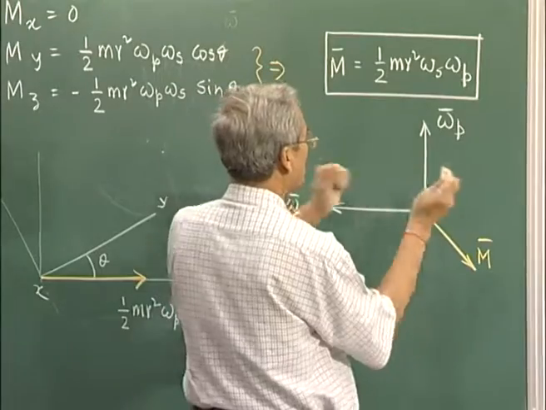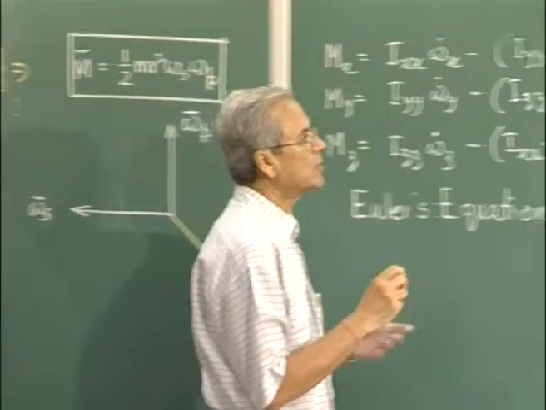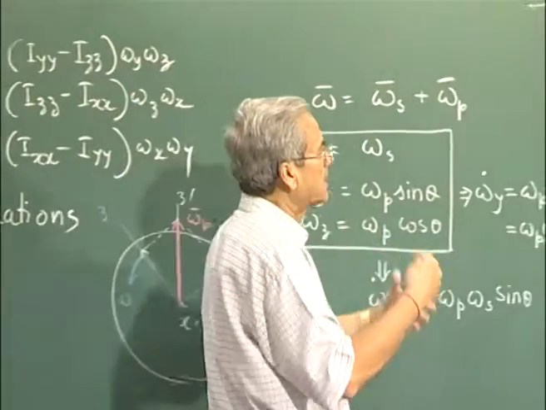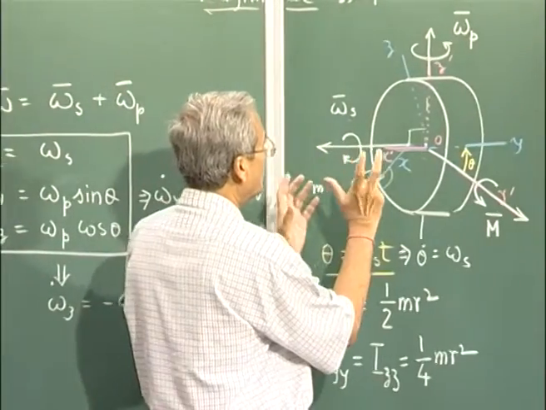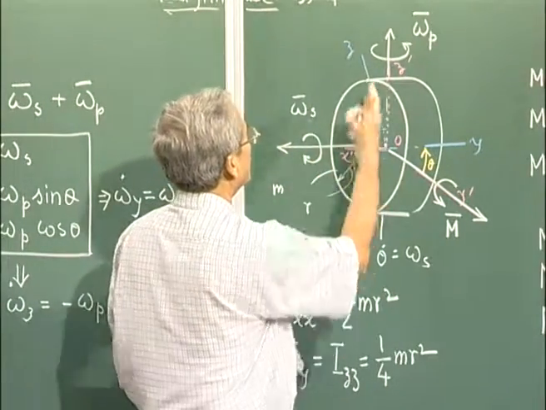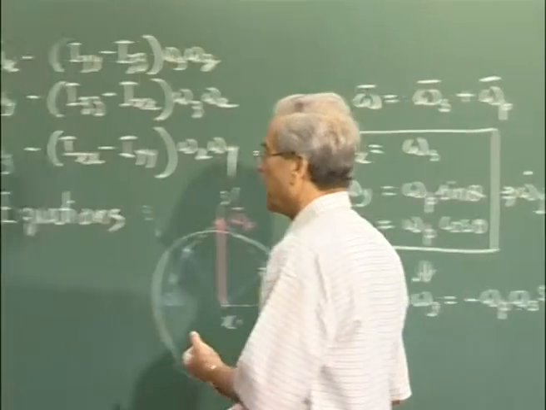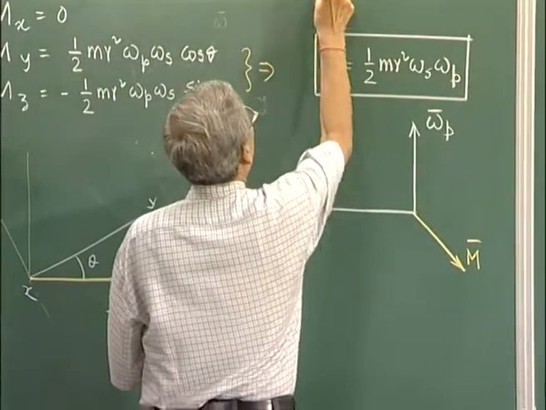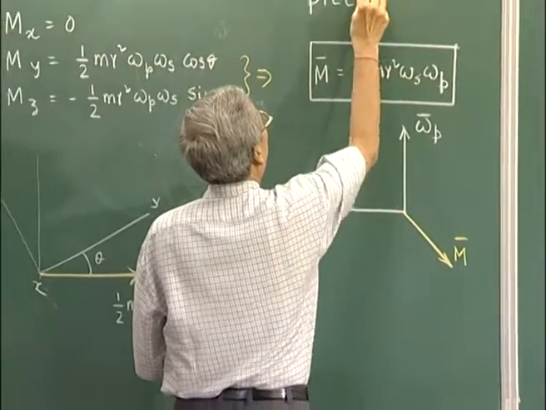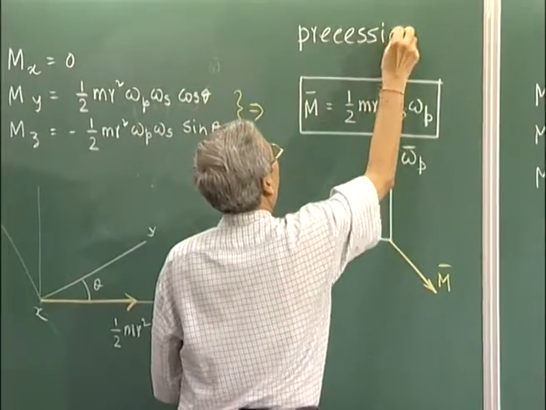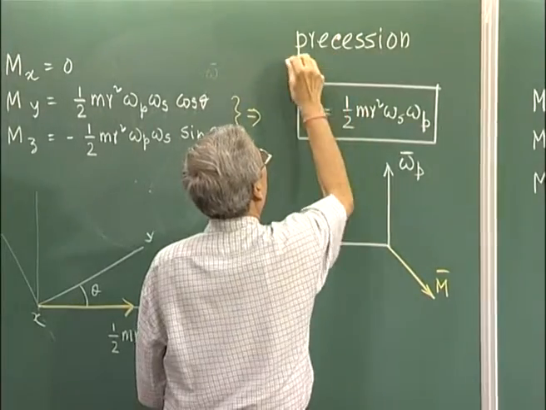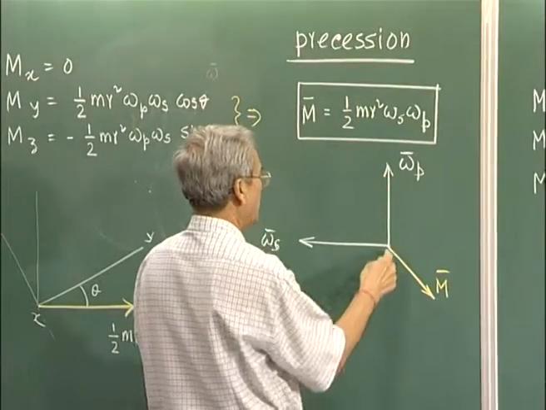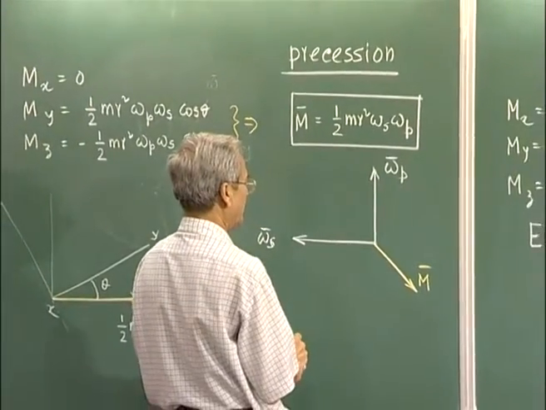This is the precession vector, because such motions where the spinning axis of a rigid body also moves or rotates, that rotation is called precession, and that is why we call it precessional motion. So, this is the precessional velocity vector.